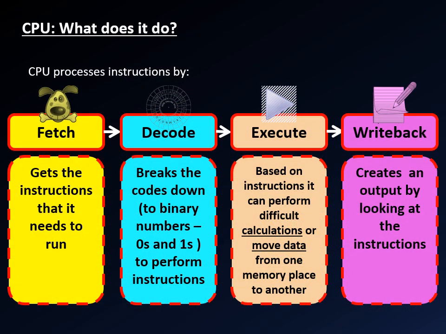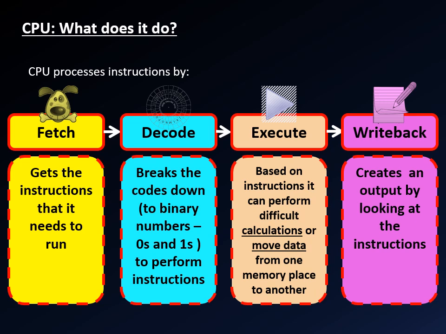So let's focus on what the CPU does. The CPU processes instructions by first fetching, which gets the instructions that are needed to run. It then decodes it. It breaks the code down to binary numbers, zeros and ones, to perform instructions, after which it executes.